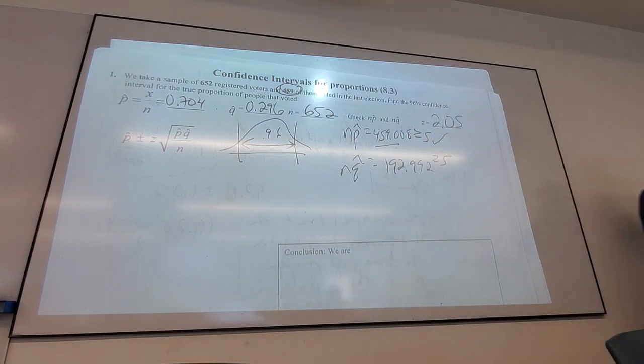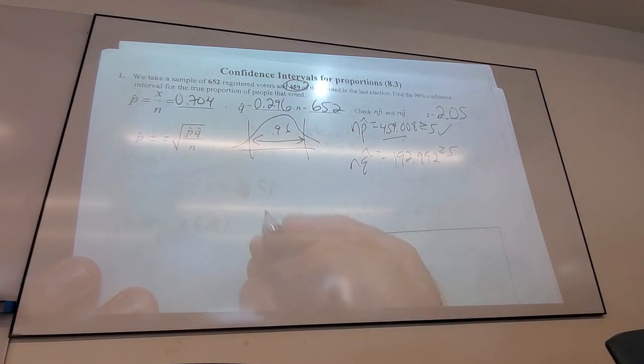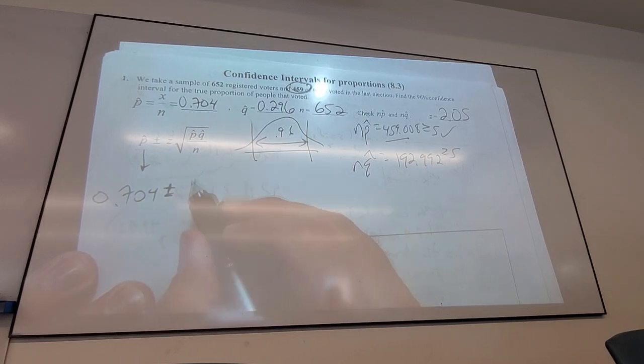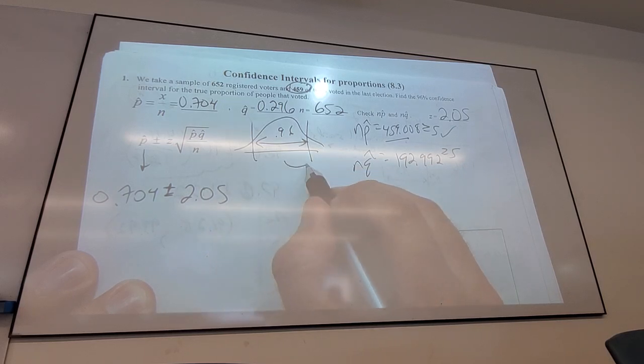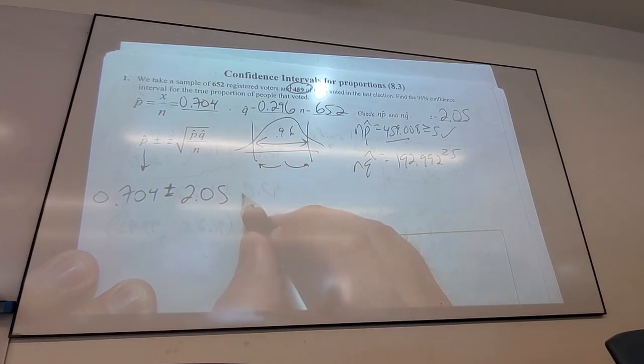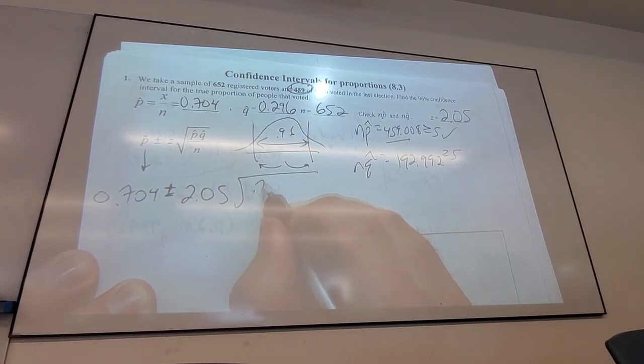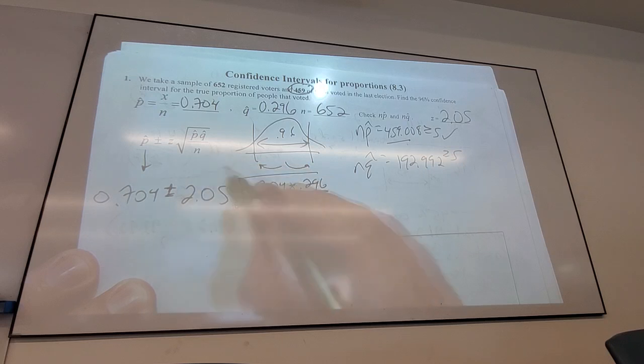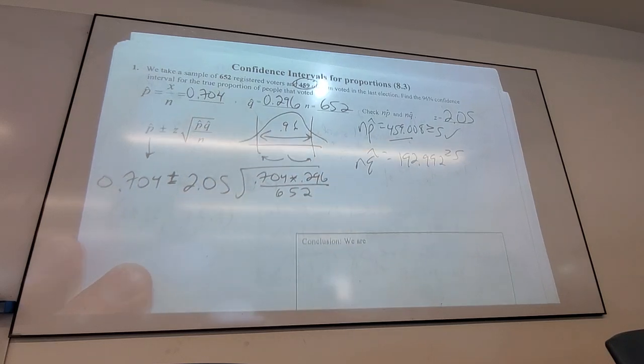So what's p hat? 0.704, give or take. Z is 2.05, related to going up and down so much. Then the big square root: 0.704 times 0.296 divided by n, 652.